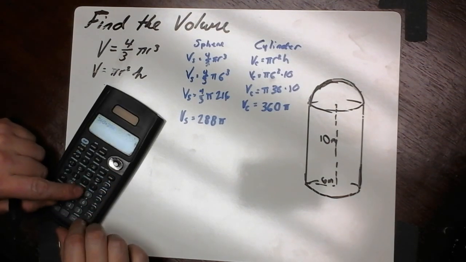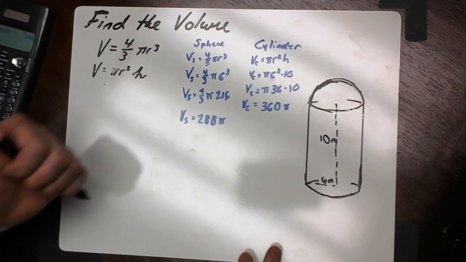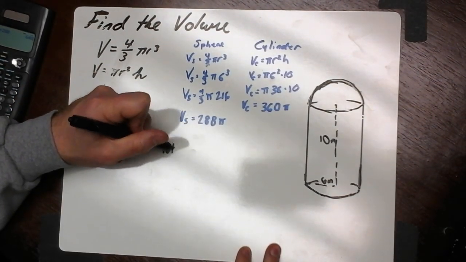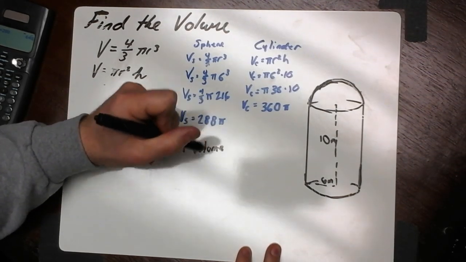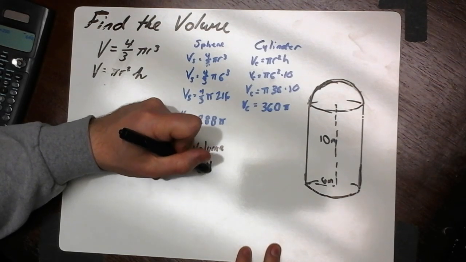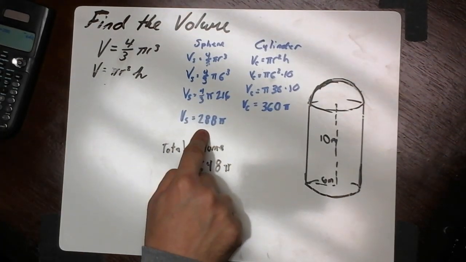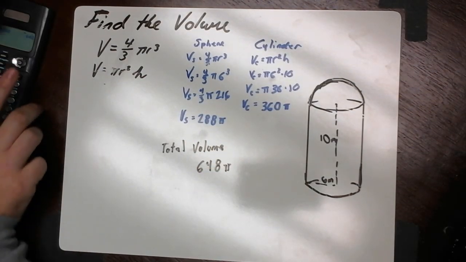But for the interest of time, I'm not going to show you guys how to add. So that's the total volume. The total volume is 648 pi. Because all I did is I added 288 and 360 together.